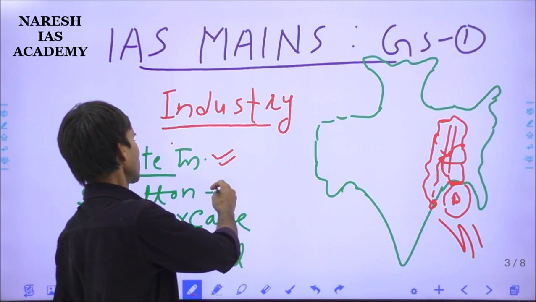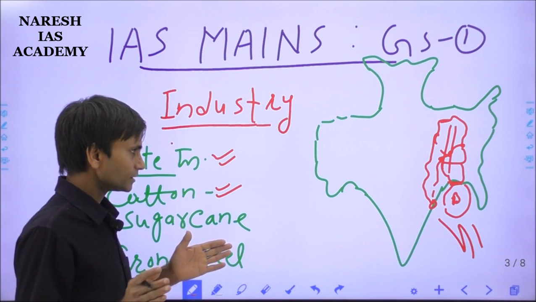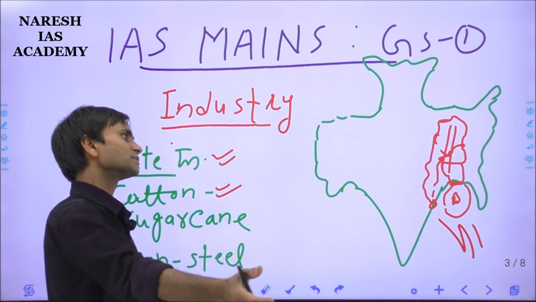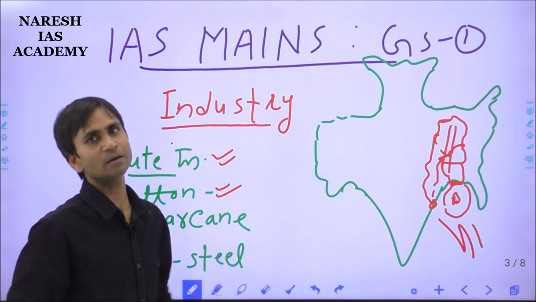Second is the cotton industry. Why is the cotton industry centralized in some parts of India, while on the other hand we are now seeing the industry decentralizing to other parts?